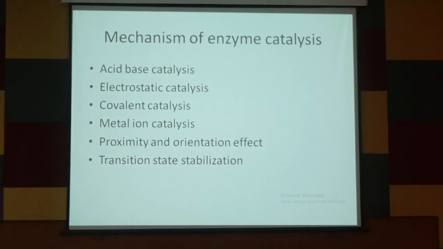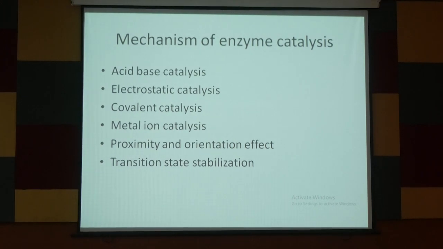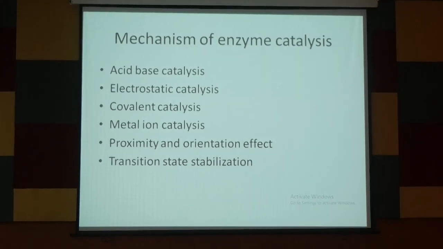Now this one has been omitted from your syllabus, but some portion is asked separately. What I mentioned before last class was how enzymes act, the mechanism of enzyme action.